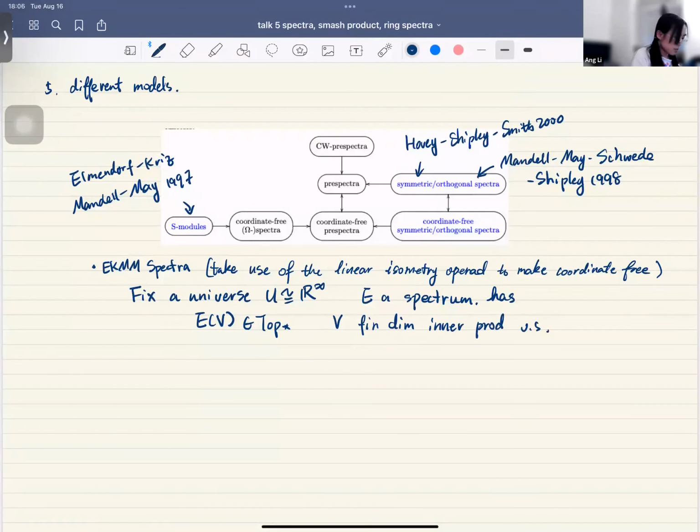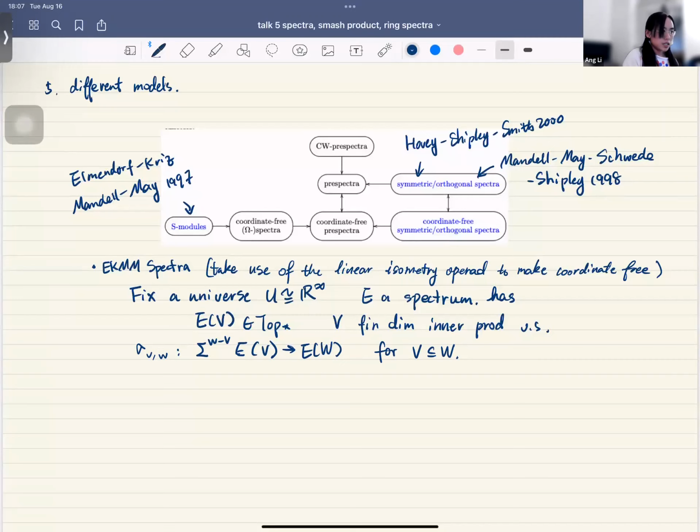And then also the structure map is indexed over two vector spaces, so you have the suspension by the difference of their dimensions. Okay, so if this structure map is a homeomorphism for all of the inner product vector spaces, then the spectrum is called a Lewis-May-Steinberger spectrum.